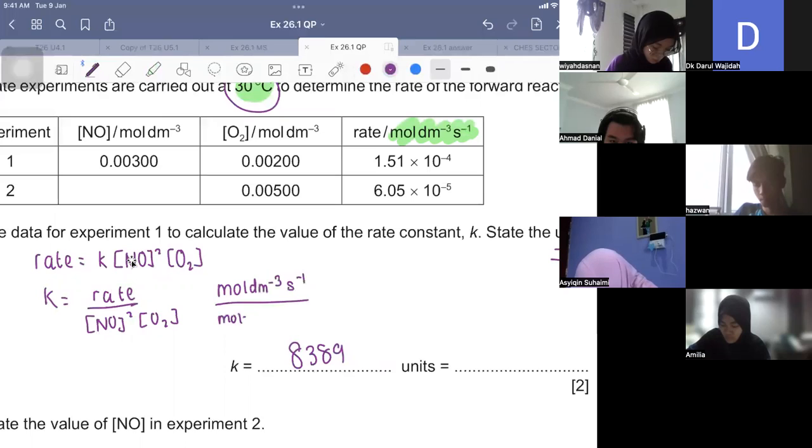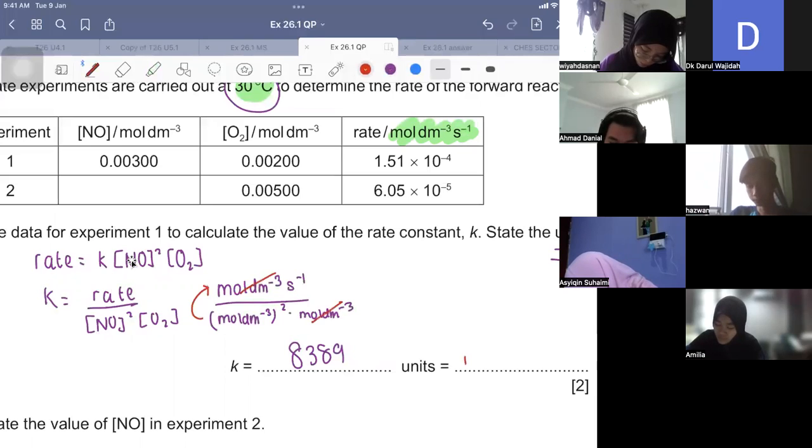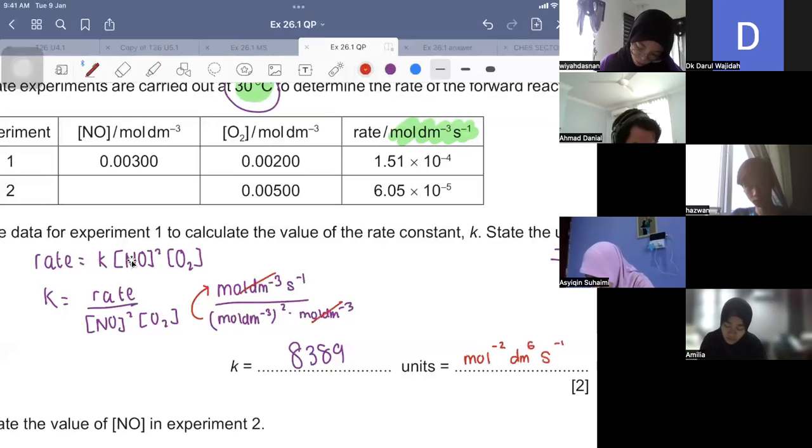The units of concentration is mole per dm cube squared and mole per dm cube, and then they cancel out. You bring that bottom term up to become mole minus 2, dm plus 6, s minus 1. You all okay with this?